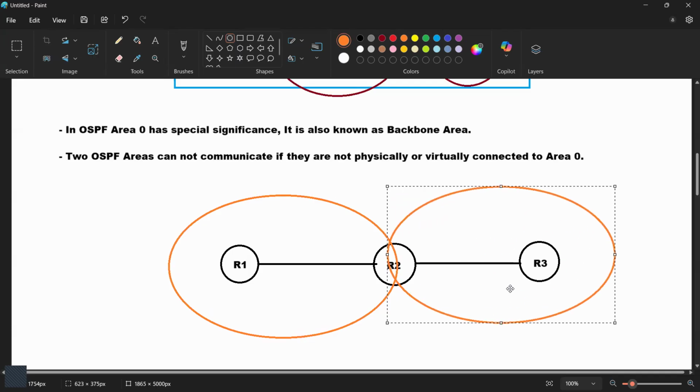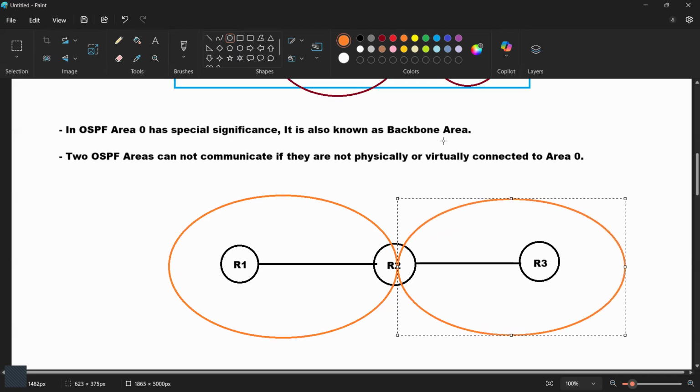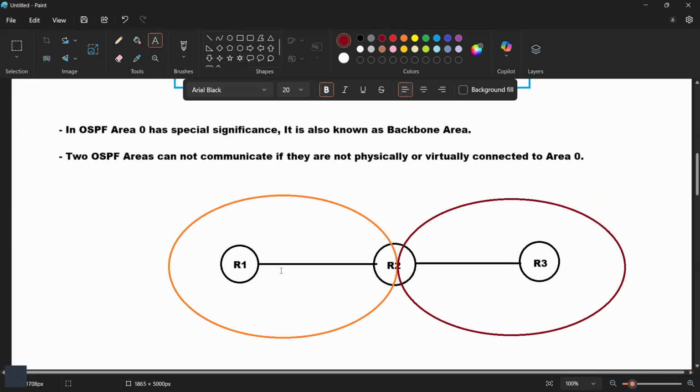And this is another area. Consider this is area 1. This is area 2. So this is the router where both the areas are configured.